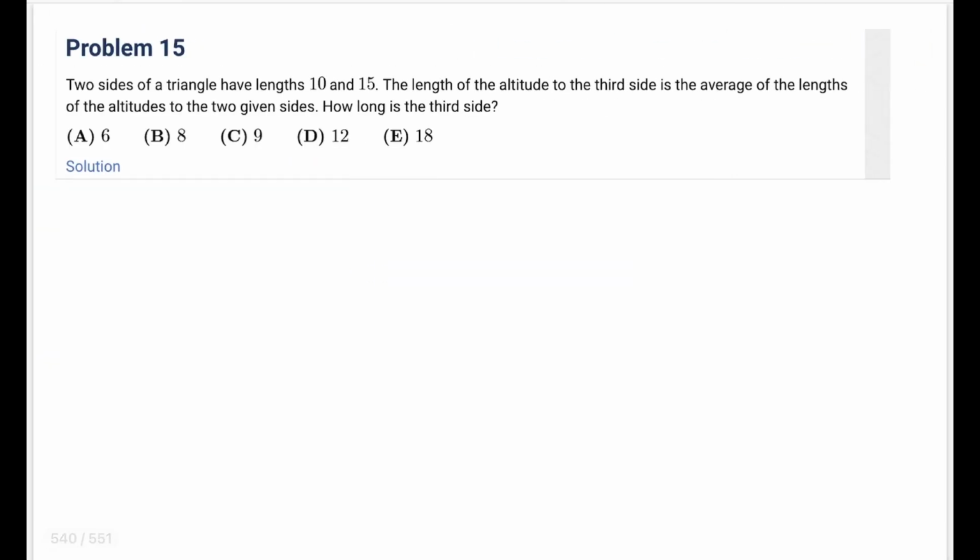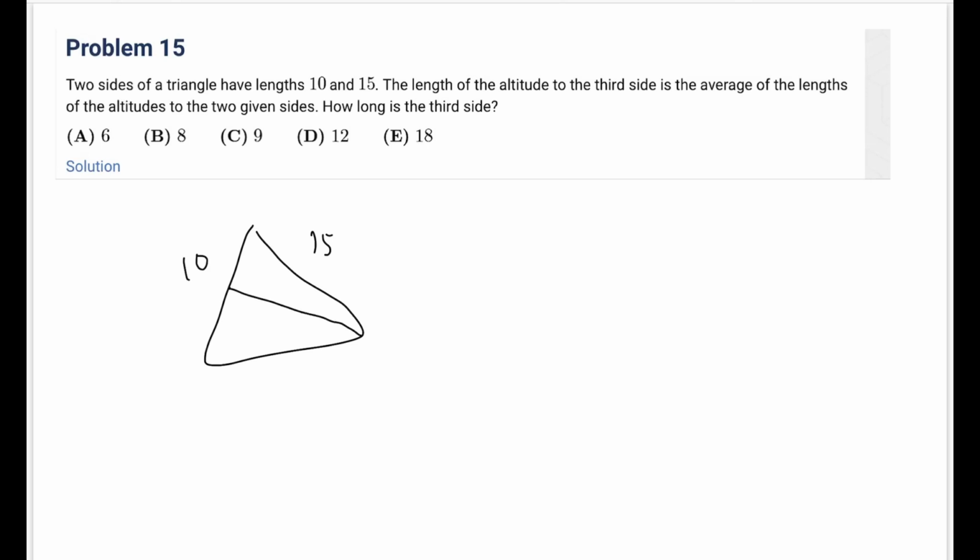Number 15, two sides of a triangle have lengths 10 and 15. The length of the altitude to the third side is the average of the lengths of the altitudes to the two given sides. How long is the third side? Okay, so let's say there are two sides of the triangle, 10 and 15. The length of the altitude to the third side is the average of the lengths of the altitudes to the two given sides.